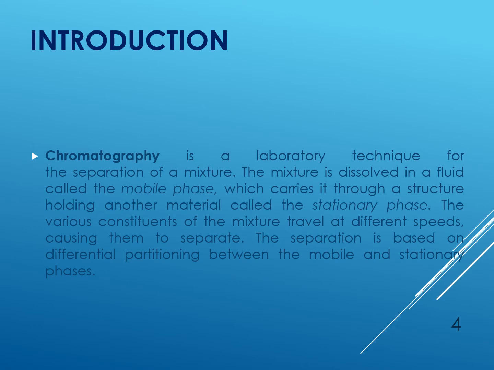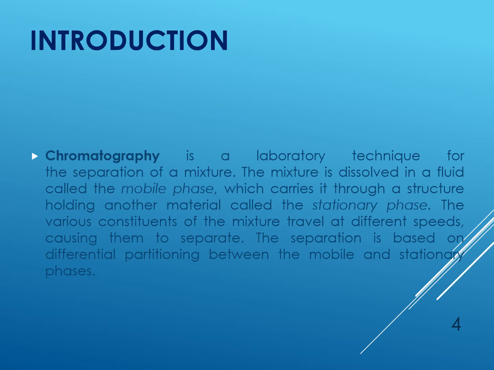The mixture is dissolved in a fluid called the mobile phase, which carries it through a structure holding another material called the stationary phase. The various constituents of the mixture travel at different speeds, causing them to separate. The separation is based on differential partitioning between the mobile and stationary phases.